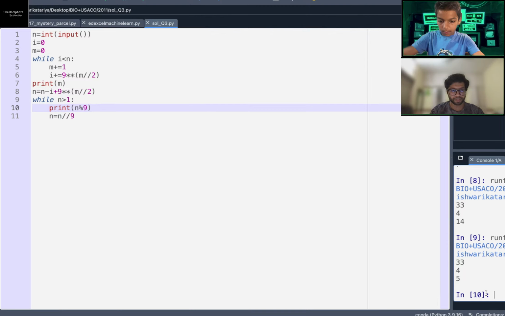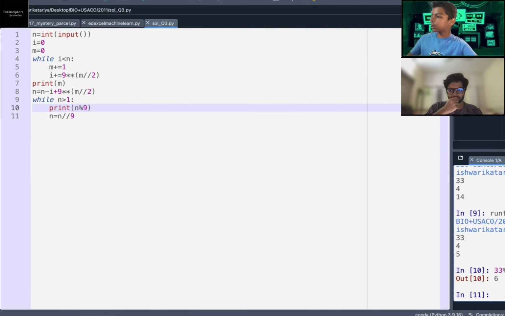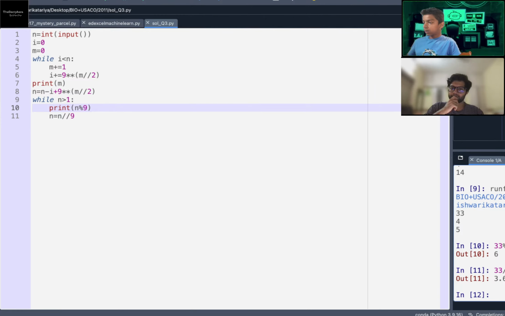That's supposed to be 6. I'm just going to check. Yeah, it's supposed to be 6. And that's what 33 divided by 9 is. So that's supposed to be 6 and then 3.